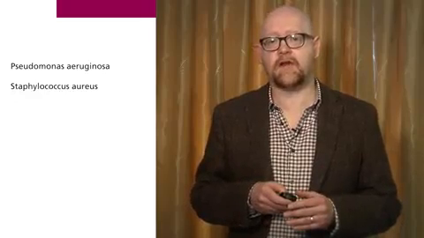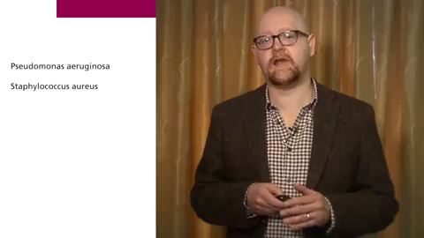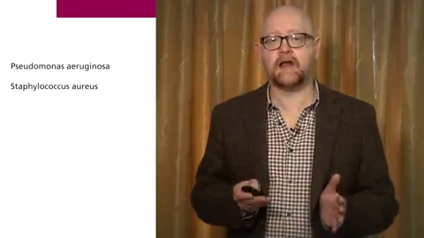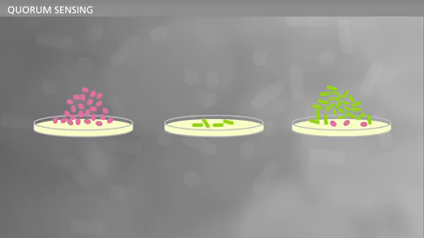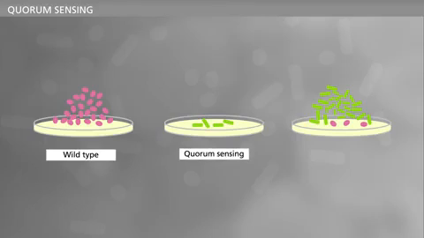In the opportunistic pathogens Pseudomonas aeruginosa and Staphylococcus aureus, quorum sensing has been shown to be both costly and exploitable by cheats. Using a synthetic growth medium where quorum sensing dependent exoprotease production is important for growth, wild-type Pseudomonas aeruginosa populations grow well, but populations of quorum sensing mutants grow poorly.